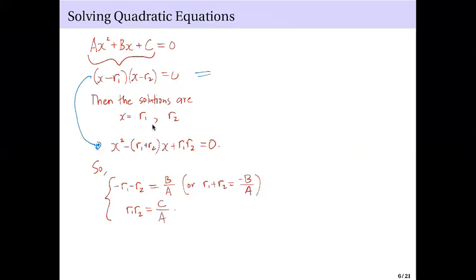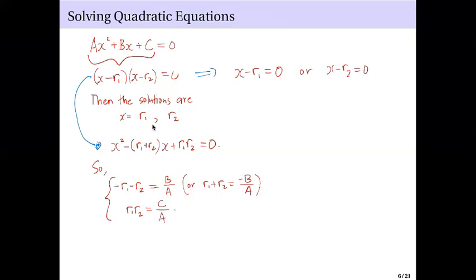This means that you have x minus r1 equals 0, or x minus r2 equals 0.